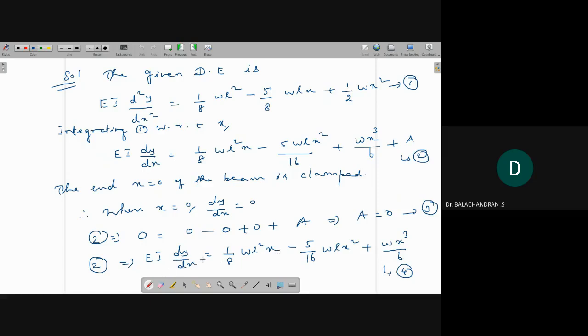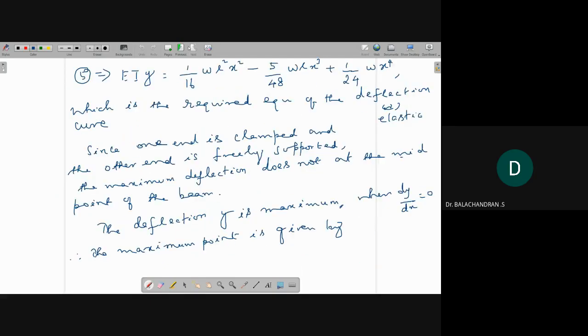If I substitute dy by dx is equal to 0, then you have 1 by 8, this expression is equal to 0. Okay, so therefore the maximum point is given by 1 by 8 omega L square x minus 5 by 16 omega L x square plus 1 by 6 omega x cube equal to 0 by using equation 4.